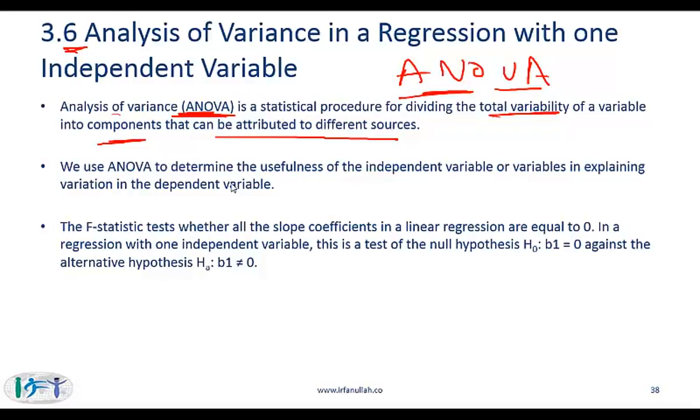We use ANOVA to determine the usefulness of the independent variable or variables in explaining variation in the dependent variable. This is another way of saying the same thing. Hopefully that was easy to remember. Can you remember this based on the name? Analysis of variation. What does analysis mean? It means where is that variation coming from?